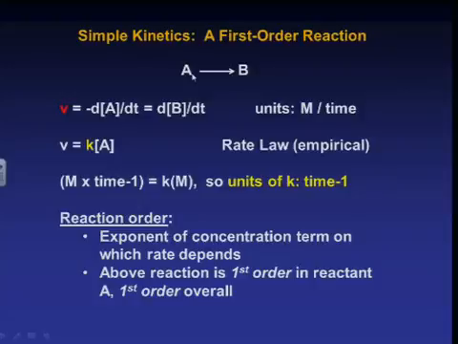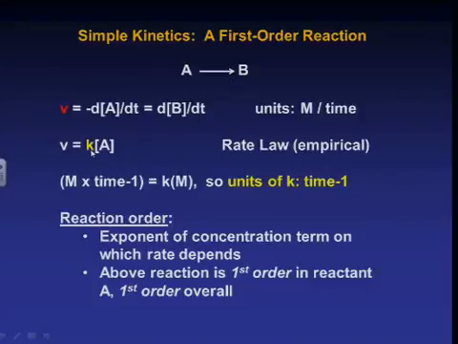In this reaction, if you have a rate constant that's telling you something about the energetics of going from A to B, that rate constant, you're going to have to multiply it times the concentration of the reactant. And in this case, you only have one.